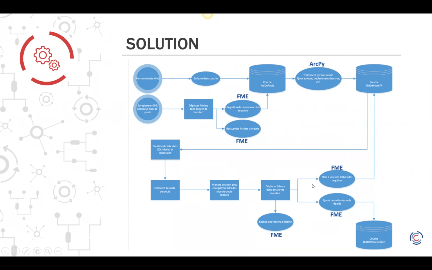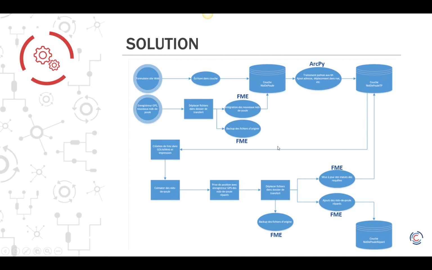That gets reintegrated with FME in order to update the status of those potholes that have been repaired. So that repair status gets pushed back to the work order management layer and to another layer, which is the layer of repaired potholes.